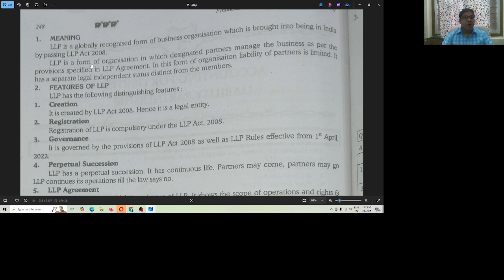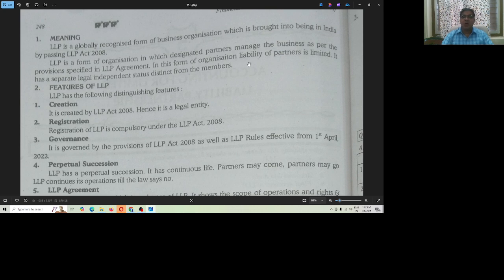LLP is a form of organization in which designated partners manage the business as per the provisions specified in the LLP agreement. The limited liability partnership prepares the agreement, and those designated partners, what do you mean by designated partner, that we will discuss later, will organize and manage as per the LLP agreement.